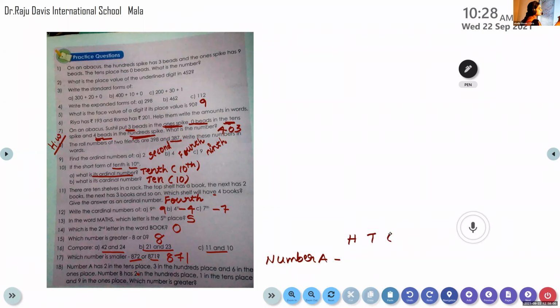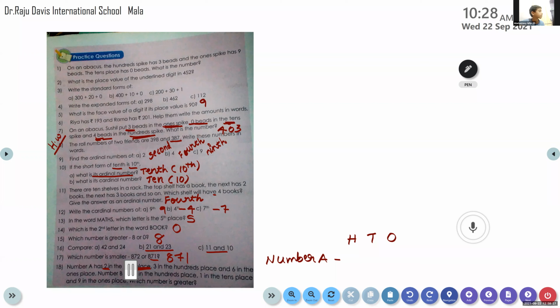HTO. It's a 3-digit number. Number A has which digit in the tens place, my dear children? Please underline that, the digit and the place. What is given? 2 in the ones place. First one, number A has 2 in the tens place.